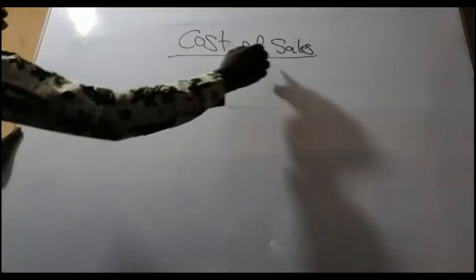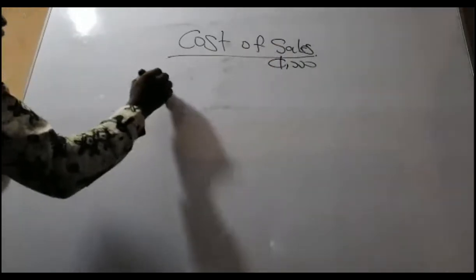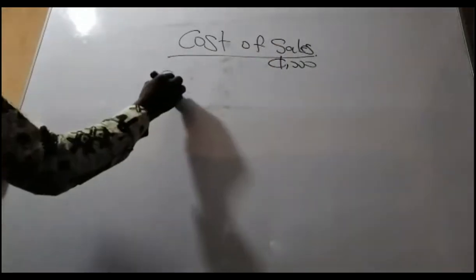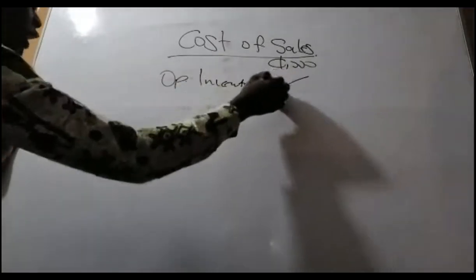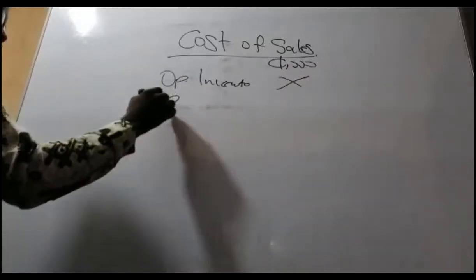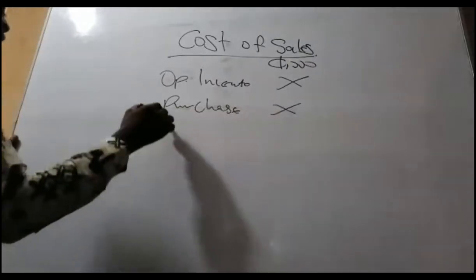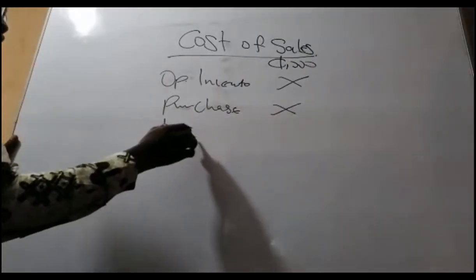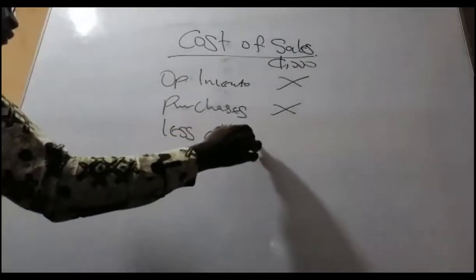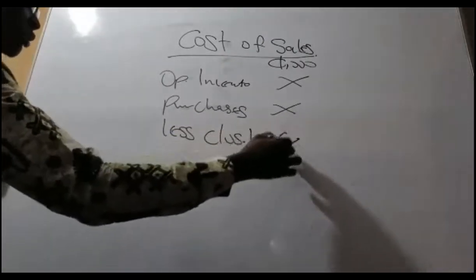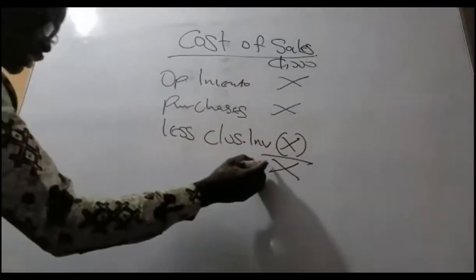You start with your opening inventory, so much. Add your purchases to it, so much. Less your closing inventory, so much. This is cost of sales, but this cost of sales is incomplete.